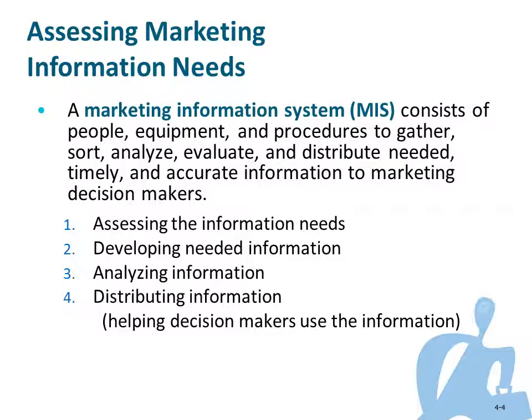In the outline, number 1, assessing marketing information needs, includes the marketing information system (MIS), which consists of people, equipment, and procedures to gather, sort, analyze, evaluate, and distribute needed, timely, and accurate information to marketing decision makers.